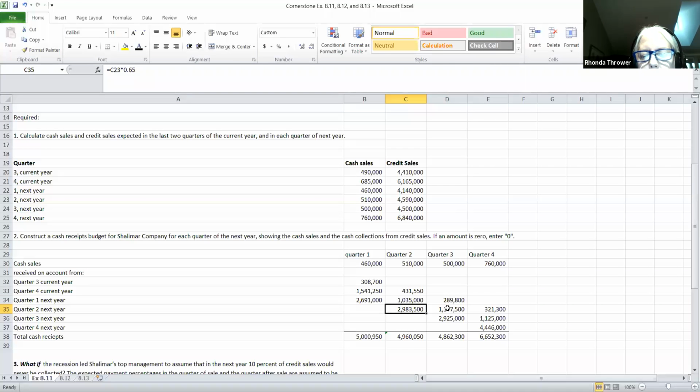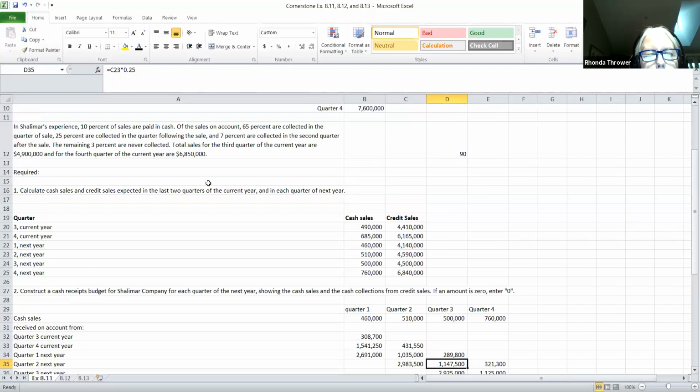We're going to multiply C23 times 25%, because that's the second month's percentage. And that will give you this figure right here.